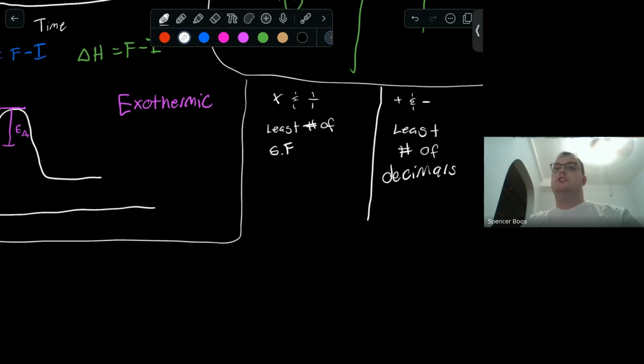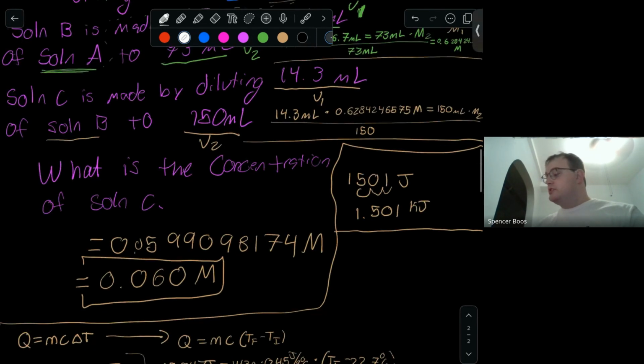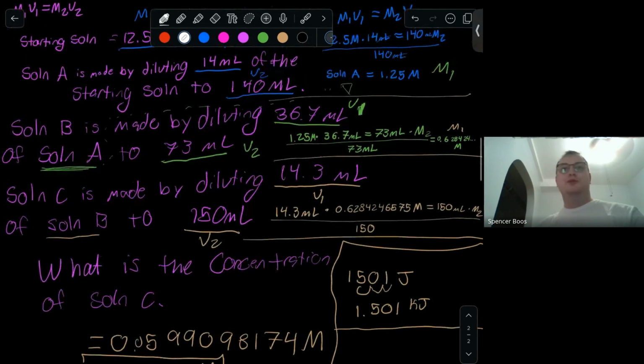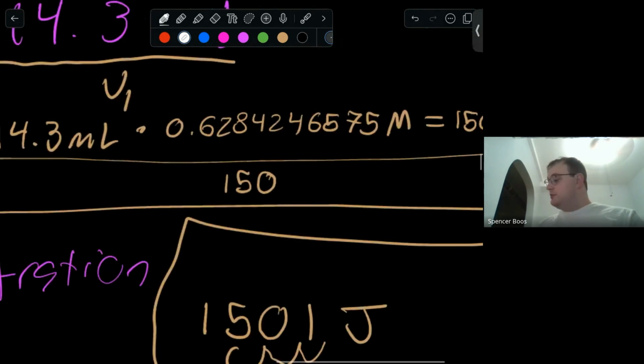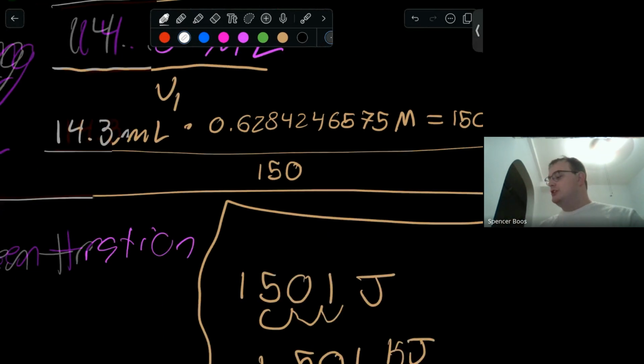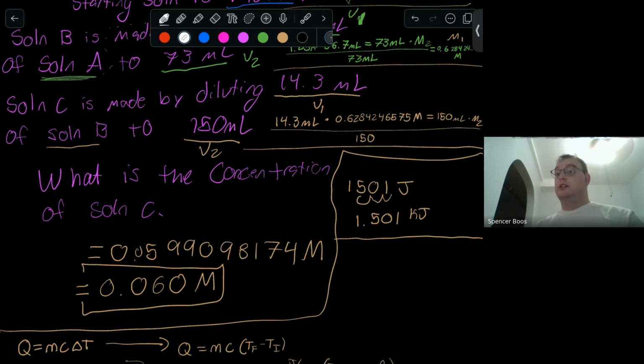How many sig figs should we round to for each answer during the multi-step problems? Personally, and MRS is the same way, I believe, we like to use the unrounded answers all the way until the last possible step. Even if you see here, we use the 0.6284 and change to get our final answer, and then we round it.